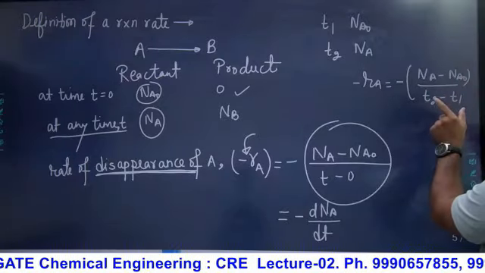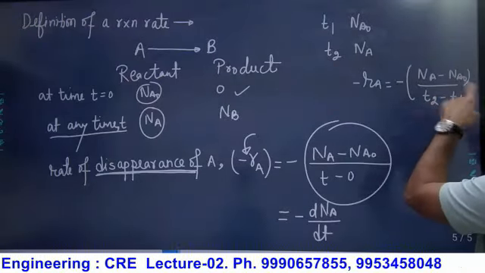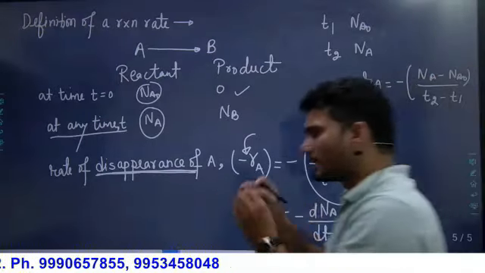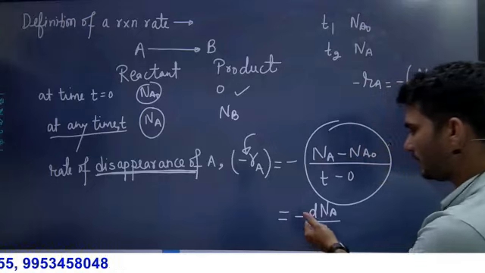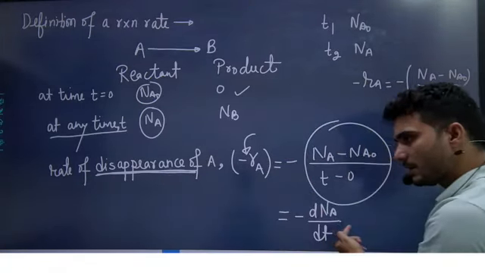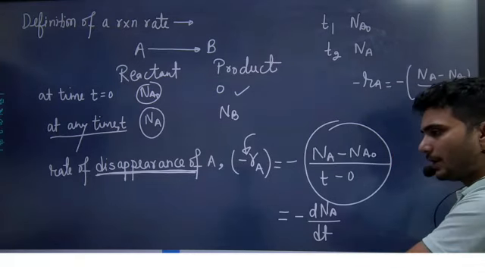Time will be positive, final minus initial, so this denominator is positive. Ultimately we want to make the numerator positive, because a rate cannot be negative. So the rate of disappearance of A is minus dNA by dt.